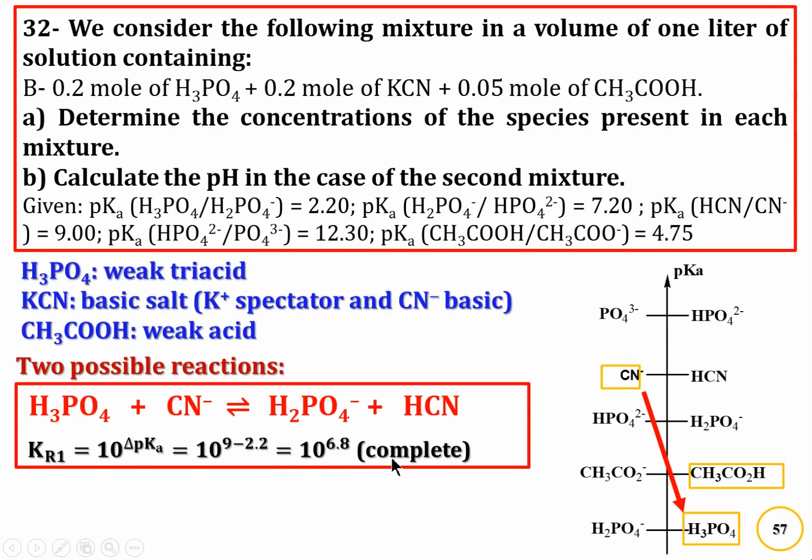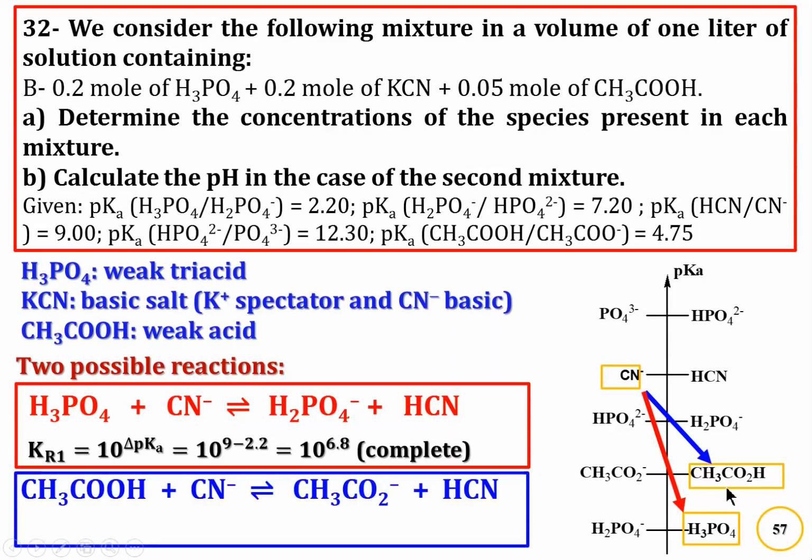So this reaction is complete. And the second is between CN- and acetic acid. So acetic acid plus CN- gives acetate plus HCN, and K of reaction 2 is equal to 10 to the power 4.25. So this reaction is quantitative.